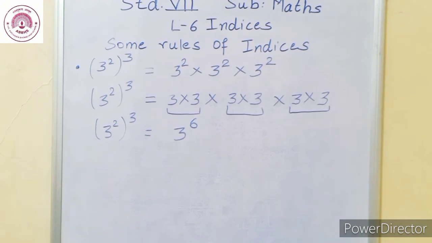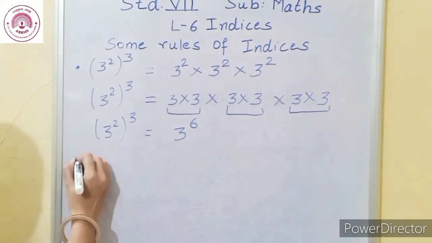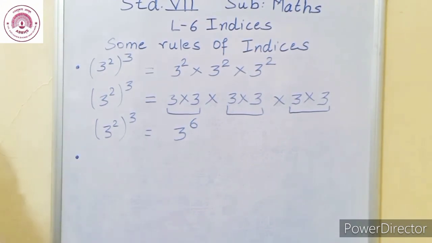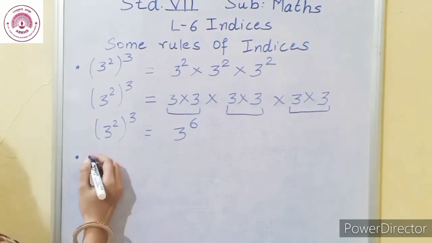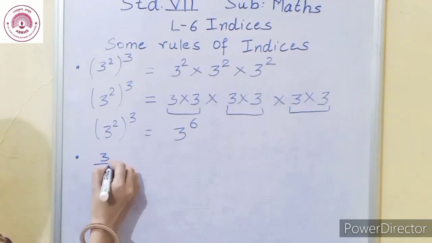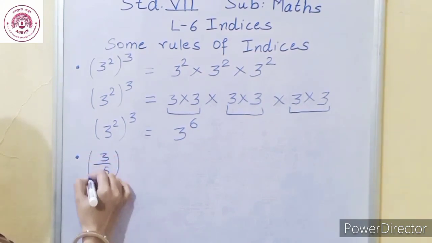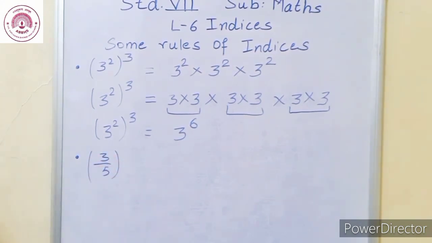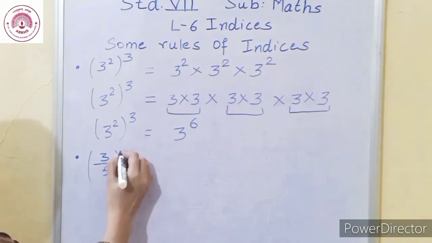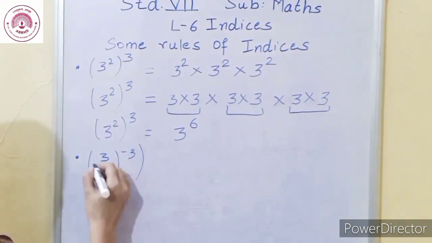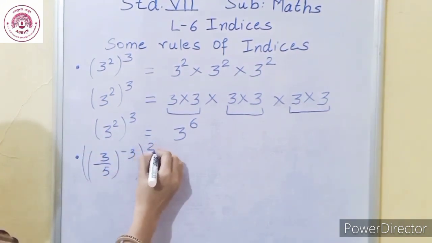Now, consider another example, that is 3 by 5 raised to the power minus 3 raised to the power 2.